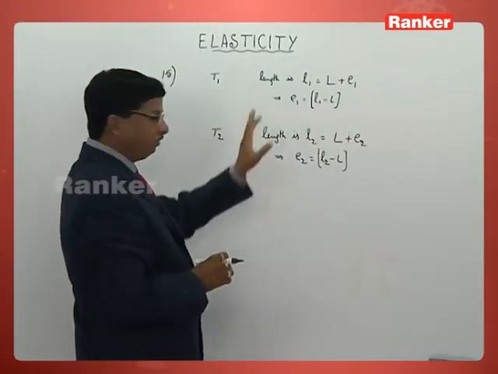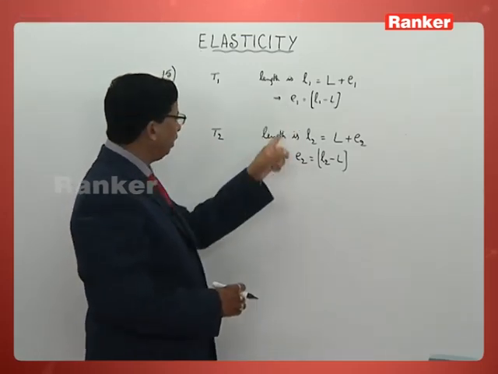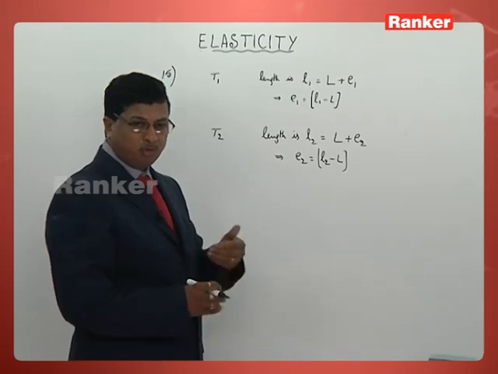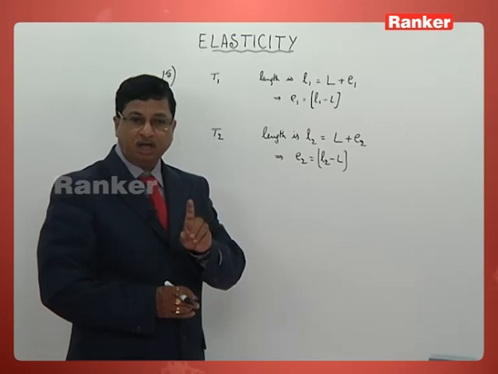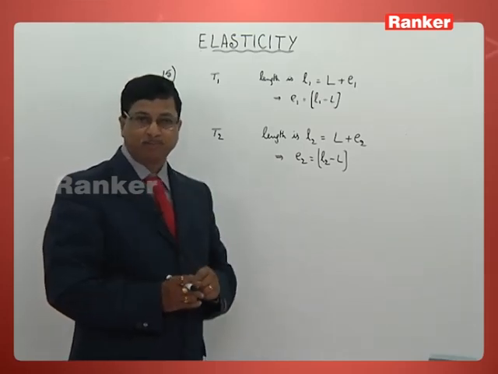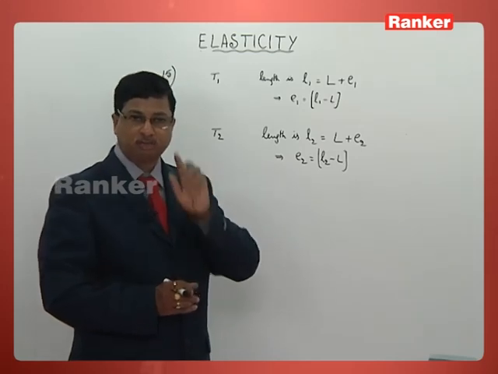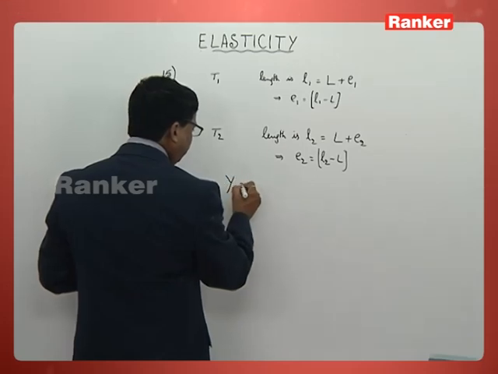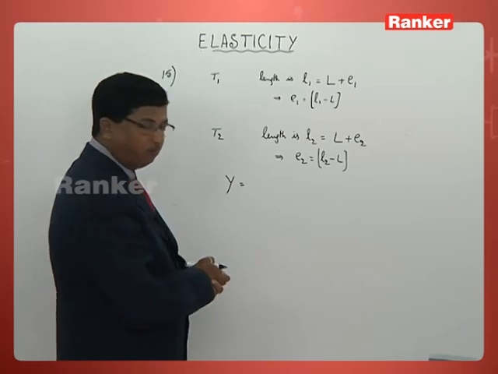So in both cases we know the values of tensions and the corresponding values of elongations. But both tensions are applied on the same metal wire, which means its Young's modulus is supposed to be a constant. Young's modulus is FL by AE, that is the general formula.